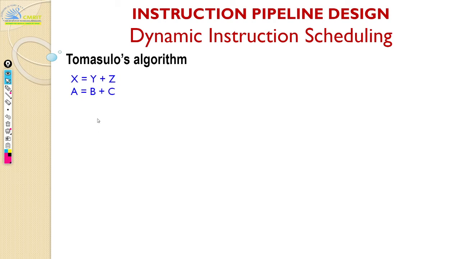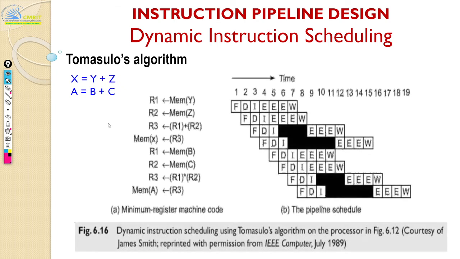Now we'll take a quick example. We will just do the simple example, x equals y plus z, A equals B plus C. I think we saw this example sometime back too. When you apply Tomasulo's algorithm, you get a schedule like this. So you have a dynamic schedule, and when you measure the time, it takes around 13 clock cycles.